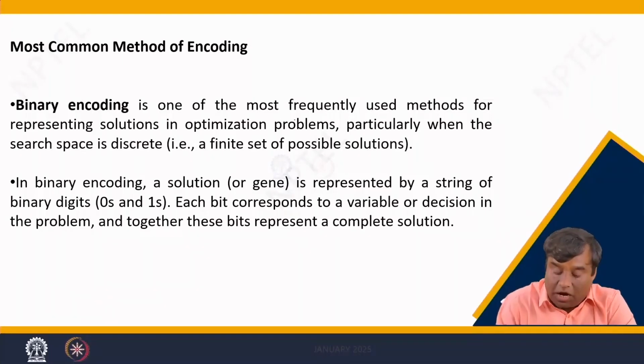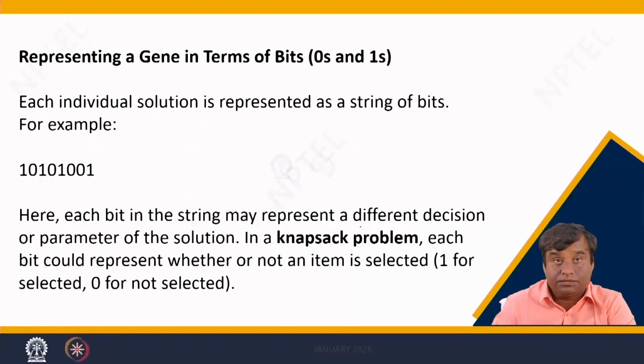Binary encoding is one of the most frequently used methods for representing solutions in optimization problems, particularly when the search space is discrete, that is, a finite set of possible solutions. In binary encoding, a solution is represented by a string of binary digits, that is 0s and 1s. Each bit corresponds to a variable or decision in the problem, and together these bits represent a complete solution.